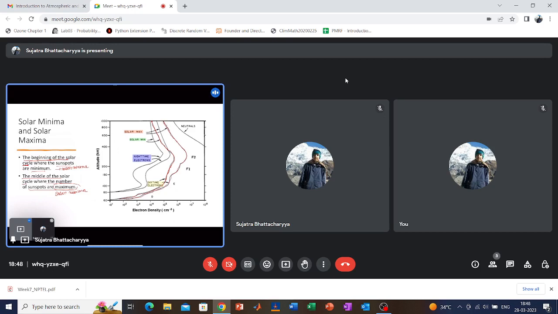This red curve which I am shading is the difference. As we can see, the more the sunspot activity, the more rapid the ionization, so the electron density will be more over here and less over this region.